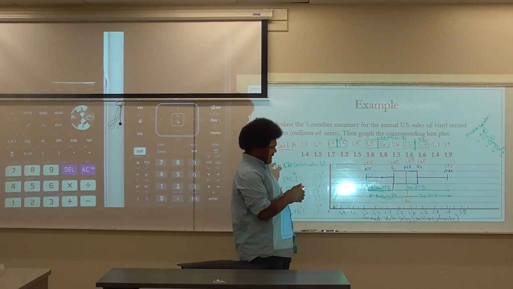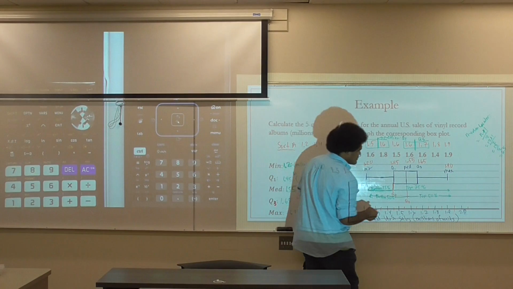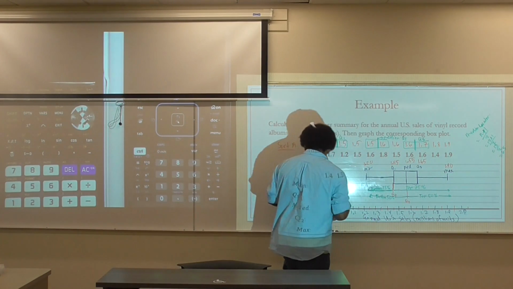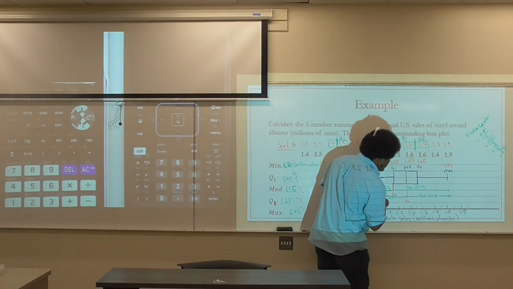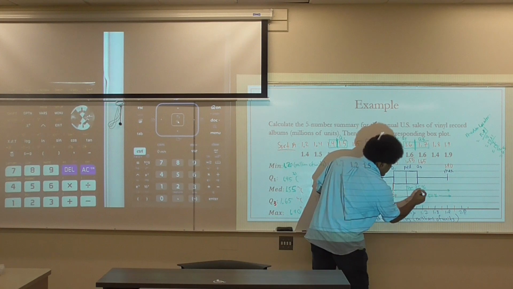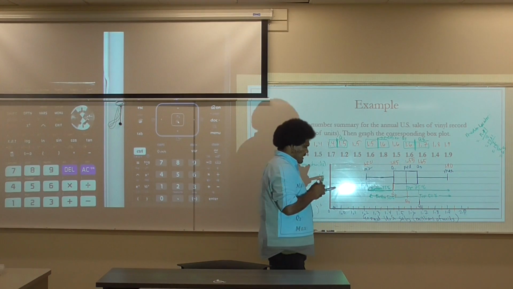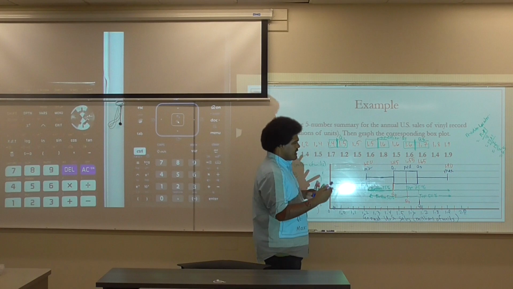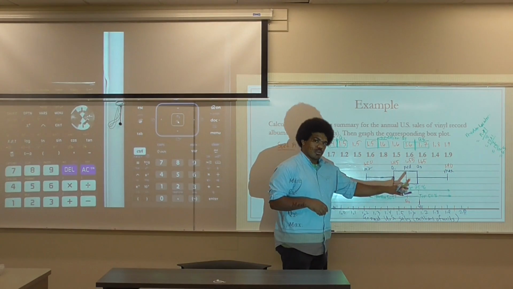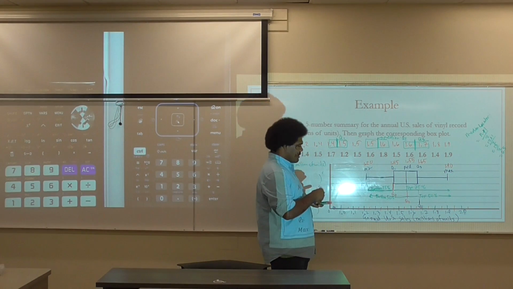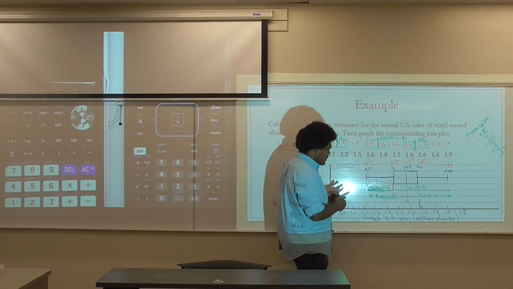And lastly, our Q3. What Q3 does is separate the bottom 75%, because remember these are all quarters. Let's keep in mind they're alternately the same as percentiles.